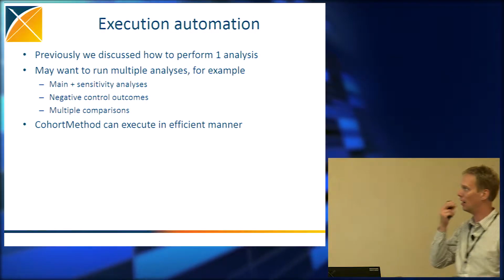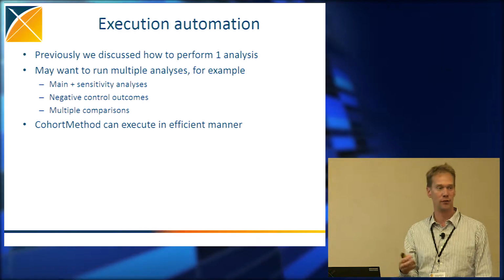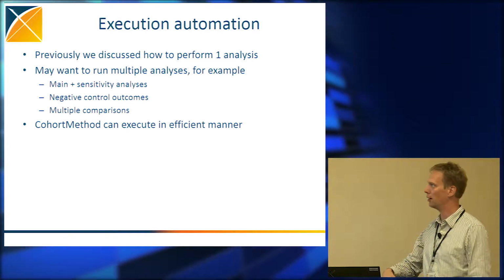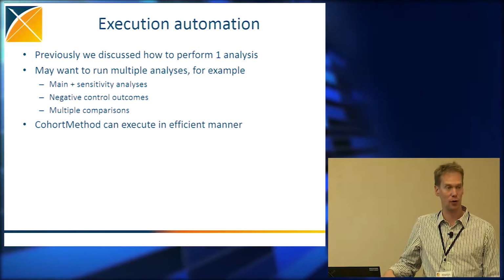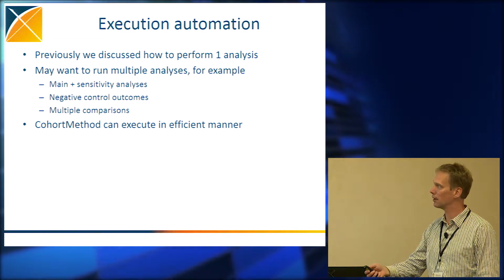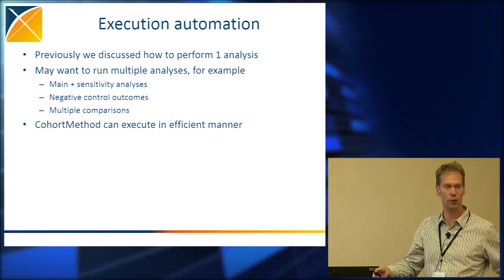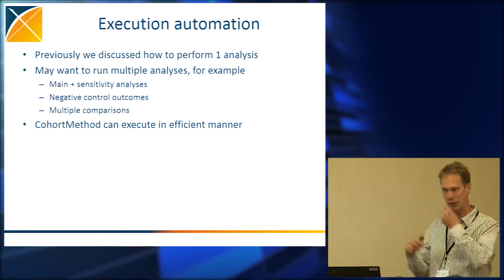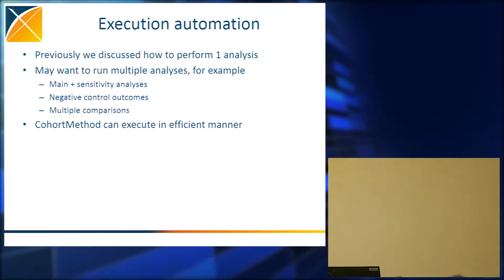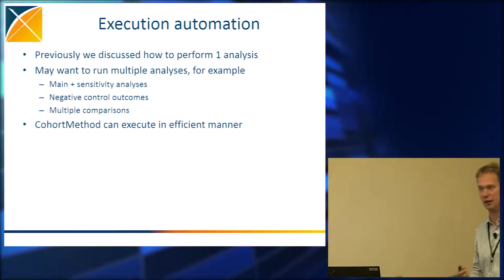For example, you want to do a main analysis and several sensitivity analyses. You may want to include negative control outcomes. And you may want to not restrict yourself to just one T and one C, but do multiple comparisons all in one go. And actually, the CohortMethod package allows you to do that in a very efficient manner.